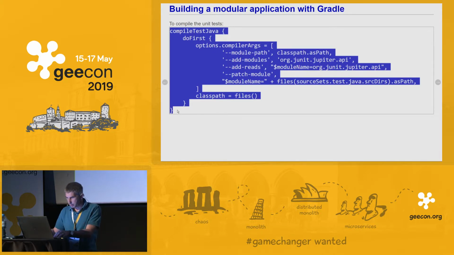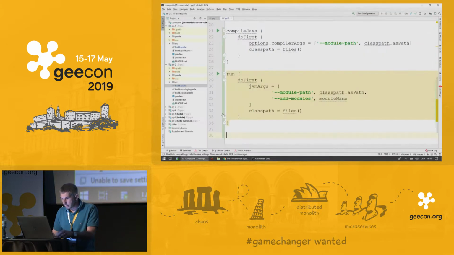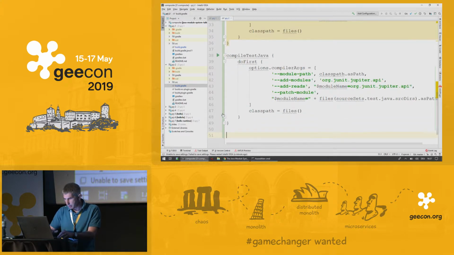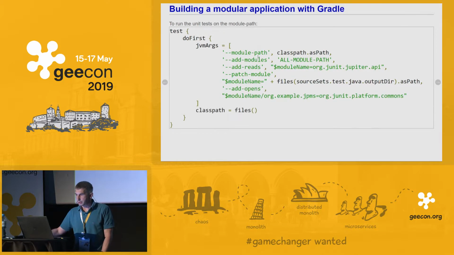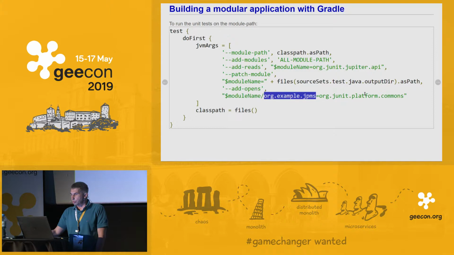Okay, we copy again this code into our Gradle build script, and this is not enough. We also need to tell Gradle how to execute our tests. It's similar to what we've done for compiling, but here we also need to open our package to the JUnit module, because JUnit uses reflection in order to process the test annotation in our unit test class.